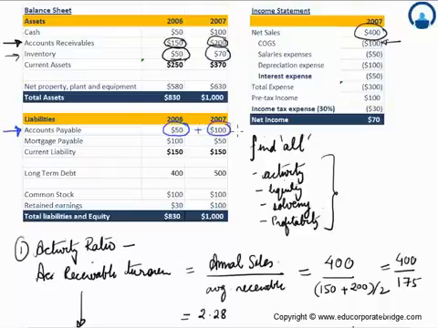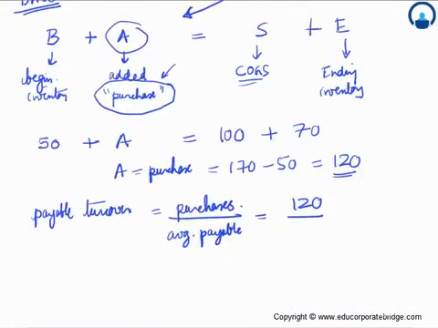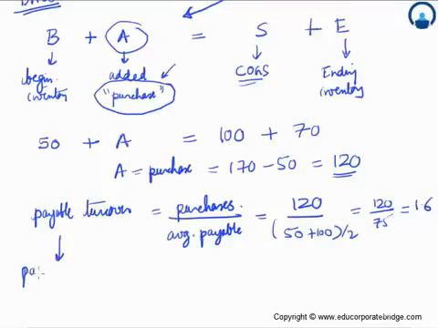So this will be 50 plus 100 divided by 2, that is 150 divided by 2, which is 75. This is equal to 120 divided by 75 and this would come out to be 1.6. And converting this again into the payable days, this is nothing but 365 divided by 1.6. So this comes out to be 228 days.